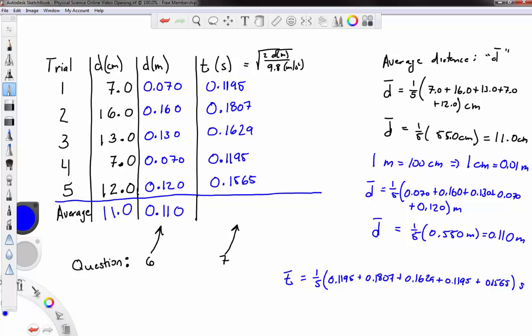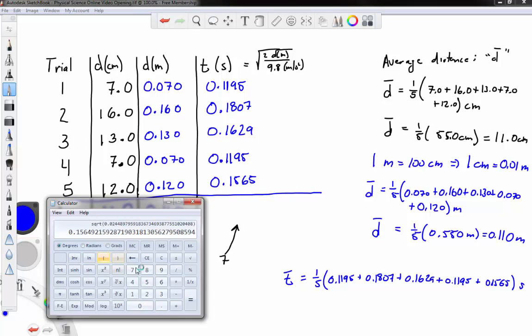Okay, so now we pull up the calculator. What we need is 0.1195 plus 0.1807 plus 0.1629 plus 0.1195 again plus 0.1565.